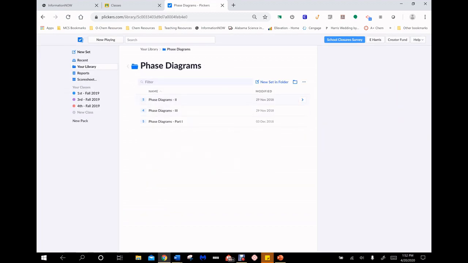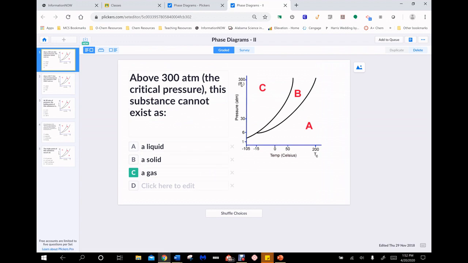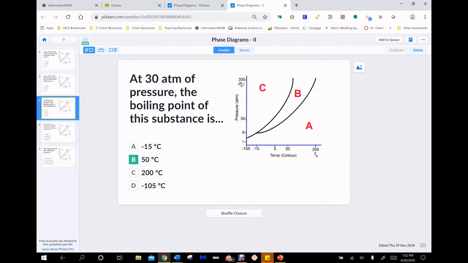Now, I'm going to give this a little bit of a harder one right quick. Let's pull one of these up. Okay, so let's try this one. I know I've got the answer marked, but I'll show you how to work through this one. The idea is that they're wanting us to find a result at 30 atmospheres of pressure, which will be right here on our y-axis.